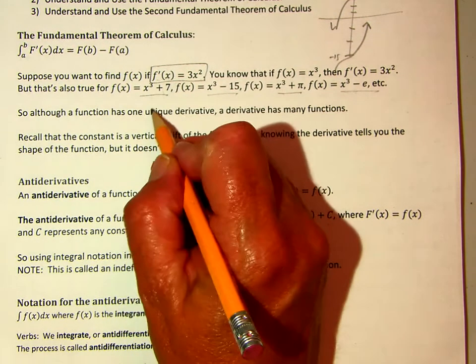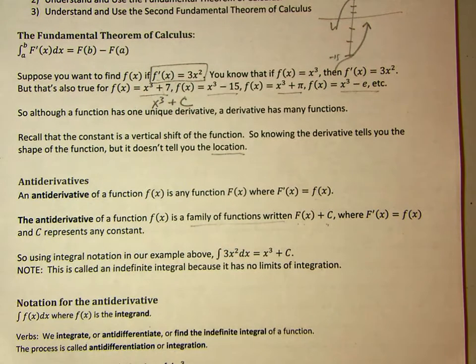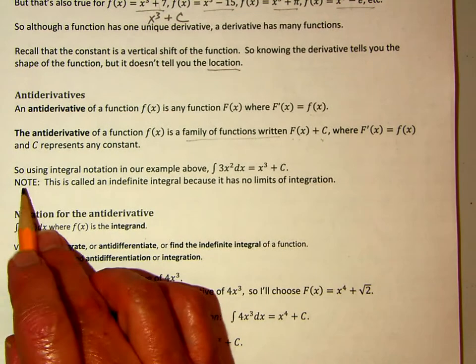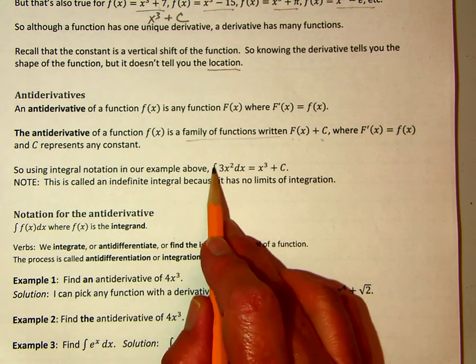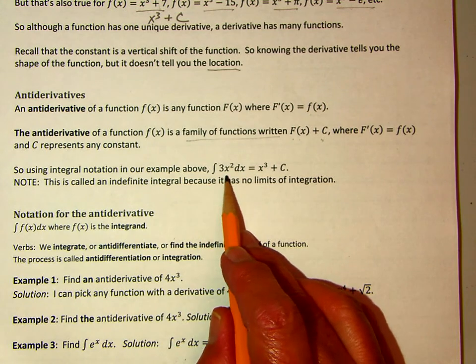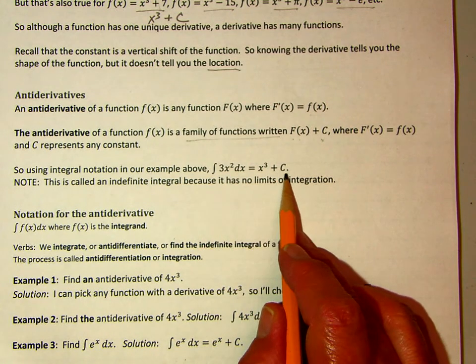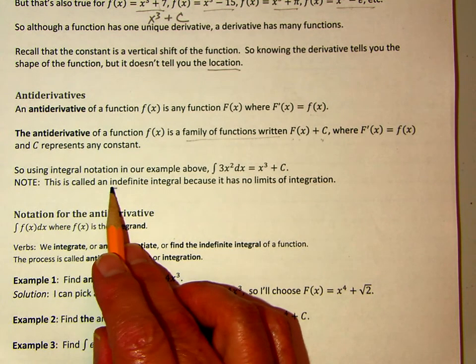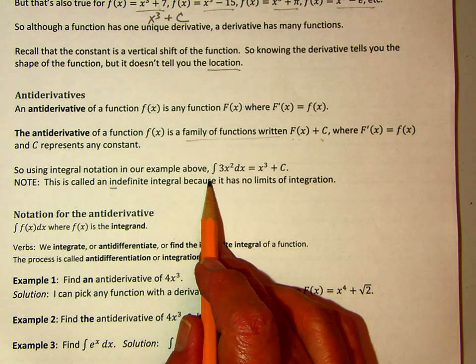We could also write x cubed plus some constant, any constant. So using integral notation in our example above, the integral of 3x squared dx is x cubed plus c. This is called an indefinite integral because there are no limits of integration.